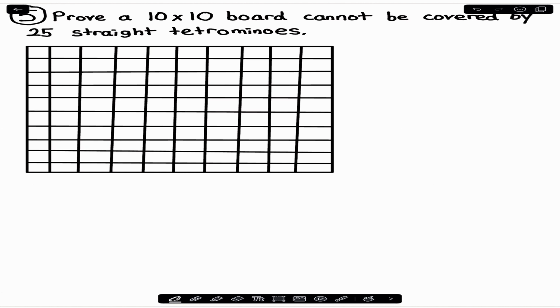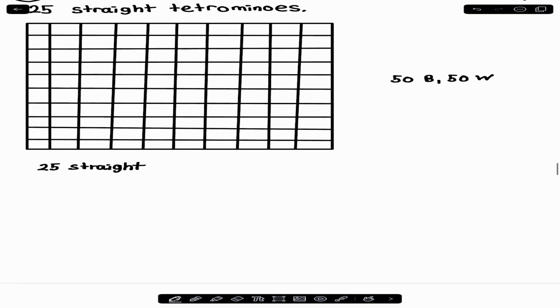And if we think of this entire chessboard as black and white, then that means we have 50 black and 50 white squares. And 25 straight tetraminos, well, wouldn't that use up 50 black squares and 50 white squares mathematically, right?